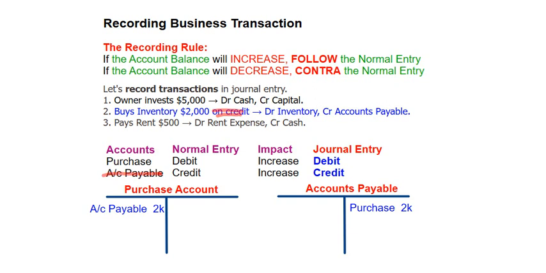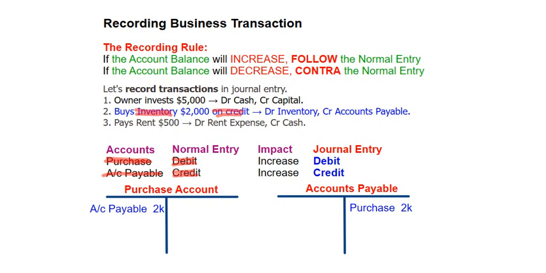The other account, whenever you buy inventory, is a purchase account, which is an expense type of element. Remember that all expenses are always debit because it's on the right side, but a contra account to the equity. And accounts payable is always credit because it's a liability and it's on the right side of the equation.